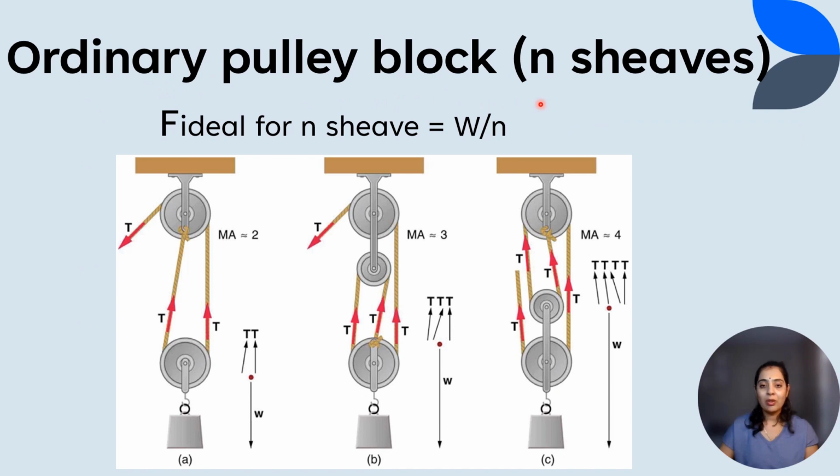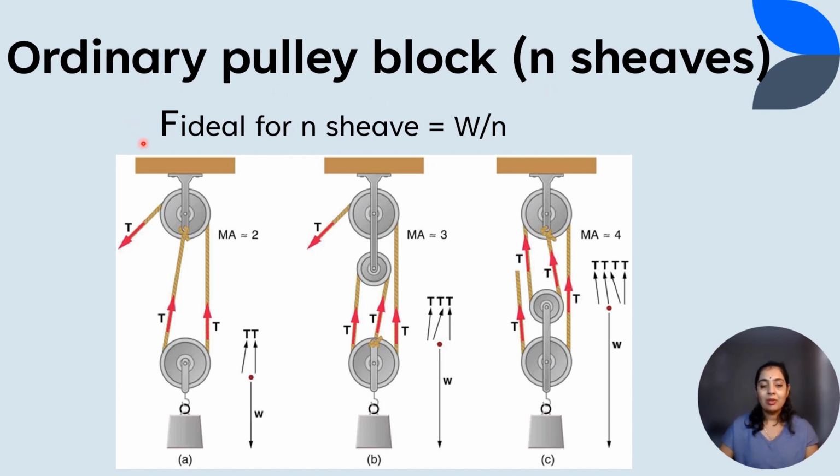Ordinary pulley block or N sheaves. When two or more pulleys are used together for extra strength, this is known as sheave block or pulley block.